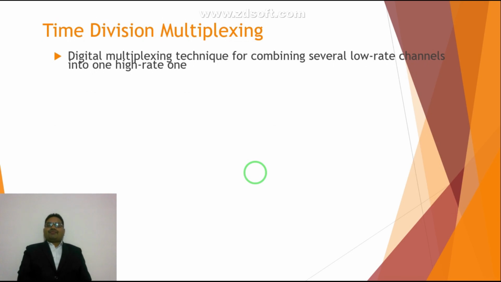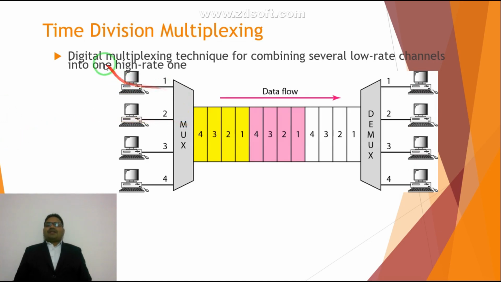Now, next is time division multiplexing. Time division multiplexing is a digital multiplexing technique for combining several low rate channels into one high rate one. See, these are the number of sources 1, 2, 3, 4. Over here, guys, all the bits are not going to be transmitted simultaneously. They are going to be transmitted serially, one by one.